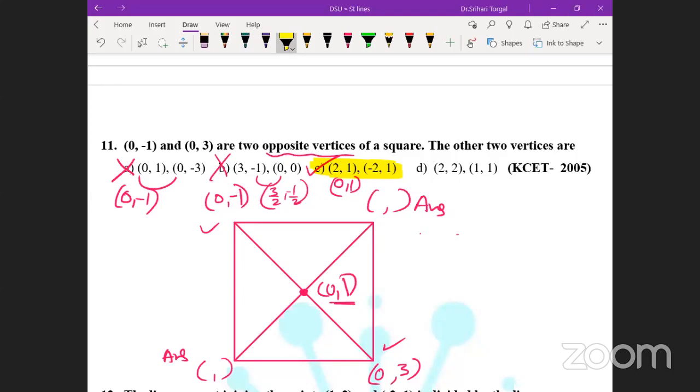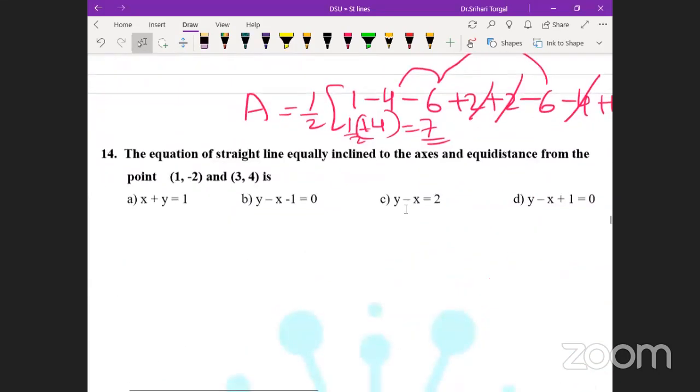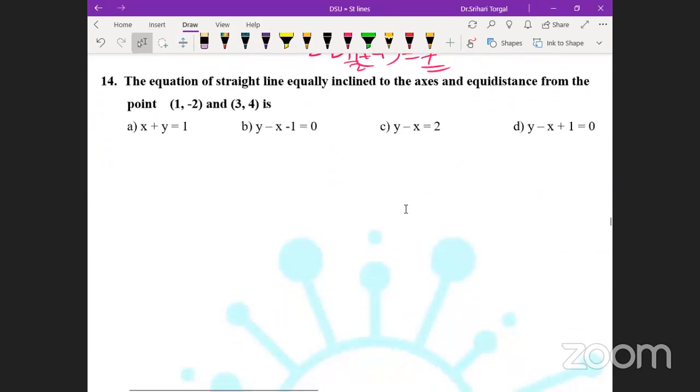Okay. Next, question number 14. Let's start doing the problem based on straight lines now. Till here, the problems were related to the points and the line.